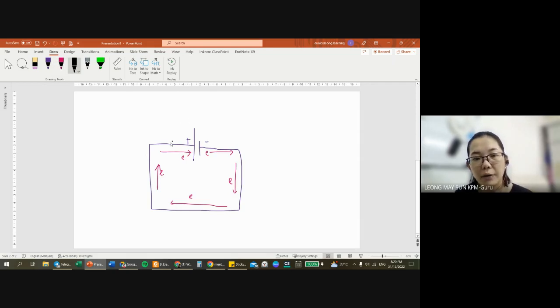Then the current only flows from positive to negative. And as you recall in chapter 3, current is actually the rate of charge flowing in the circuit.